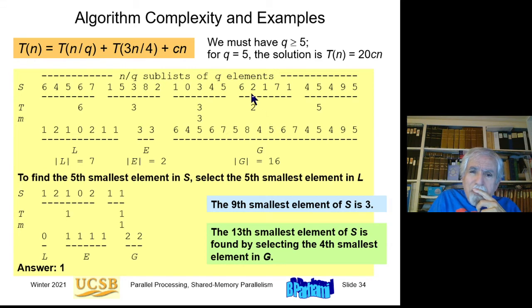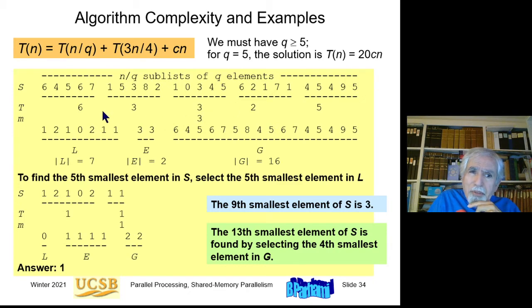Okay, so here's an example that you can study on your own and understand how the various ranked elements of this list of size 25 are found.